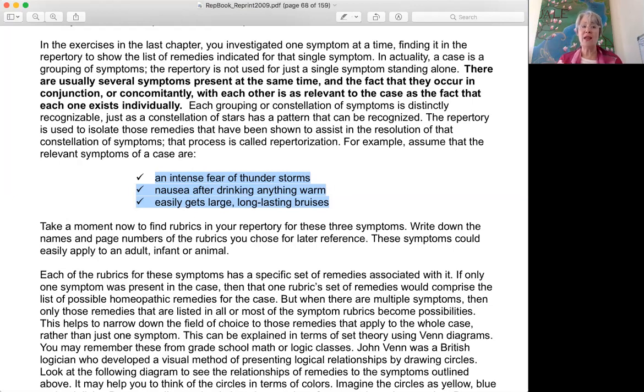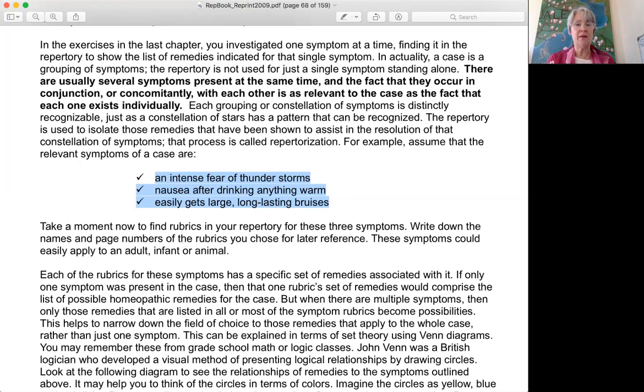All right, now where are we going to look for easy bruising? Since this is something that can take place anywhere on the body, we're probably not going to look in face or extremities.